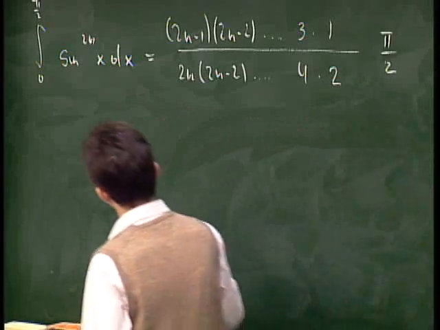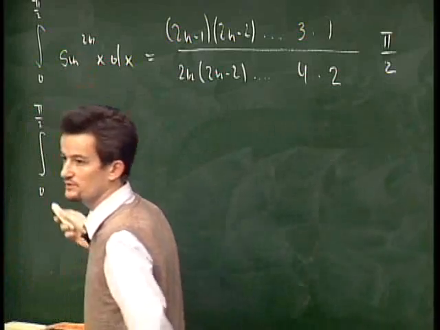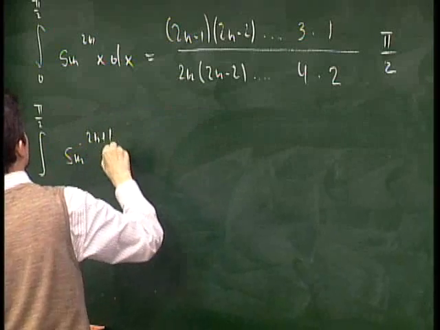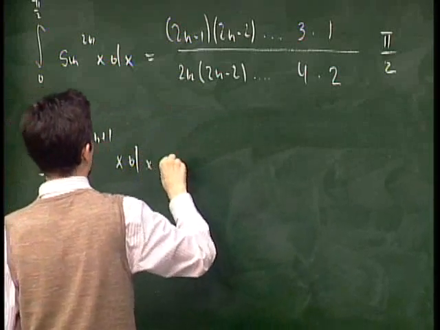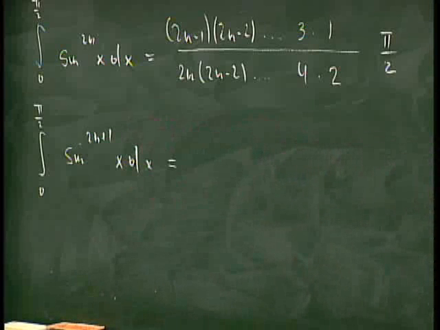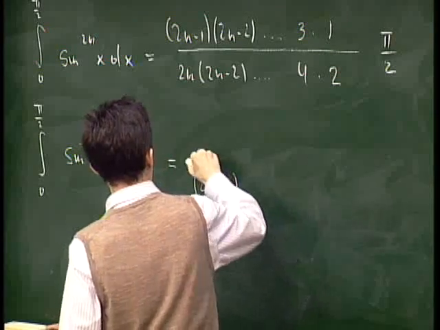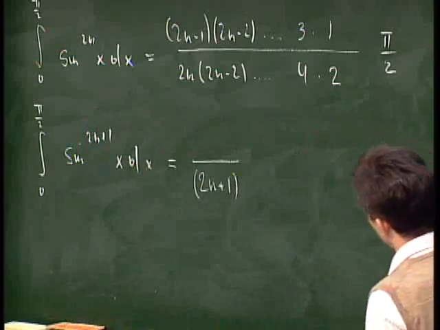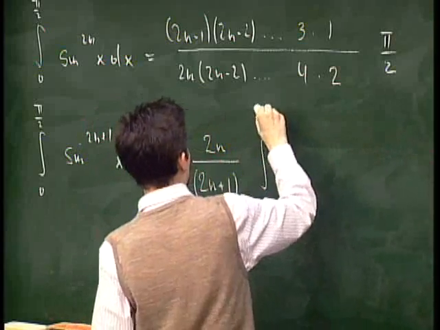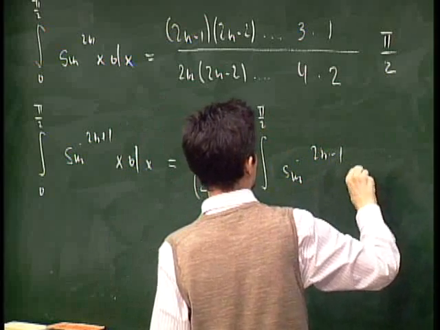If you look at the case where the exponent with which you start is odd, then you have here, let's say for instance, 2n plus 1. If you plug in once, you get something which is similar. So you have here 2n plus 1, this is the denominator. You have 2n in the numerator. And then the integral goes from 0 to pi half of the sine of 2n minus 1 x dx.